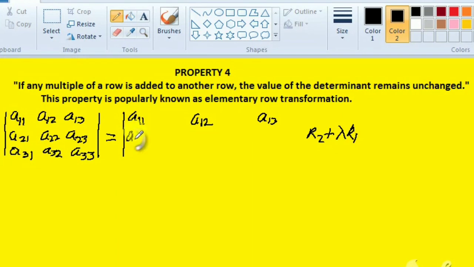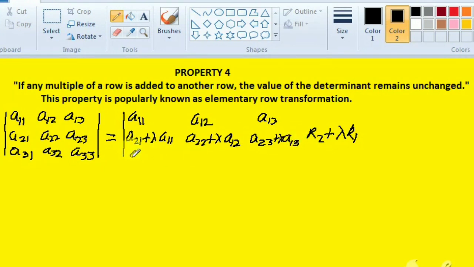So we get in the second row A21 plus lambda times A11, A22 plus lambda times A12, and A23 plus lambda times A13.